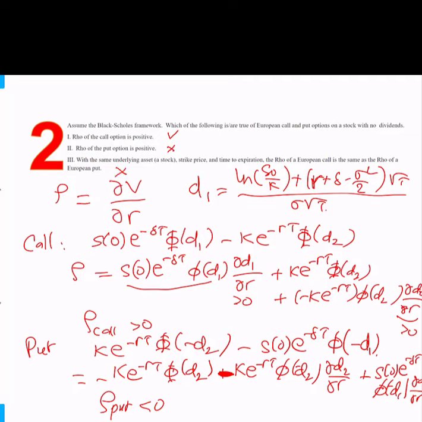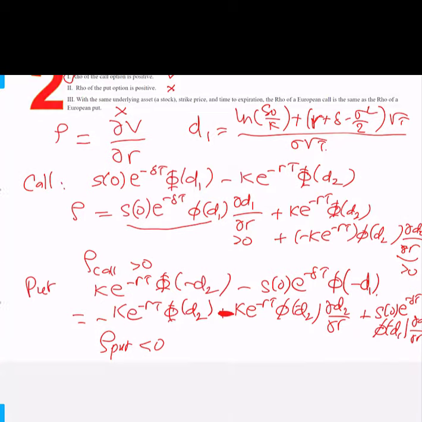So this is false. You see it? Number 3 is false. So in short, we got 1 is the only correct statement. So answer 1 is correct. Right, 1 is correct. And that is the only correct statement here. See that?